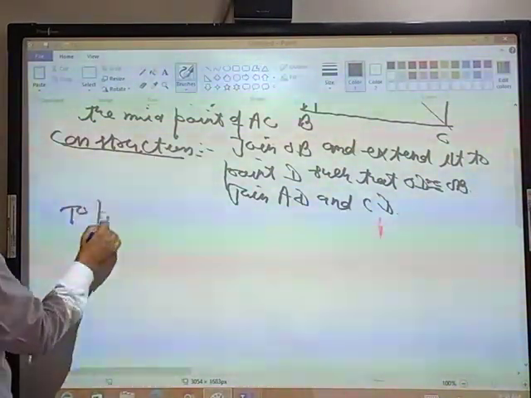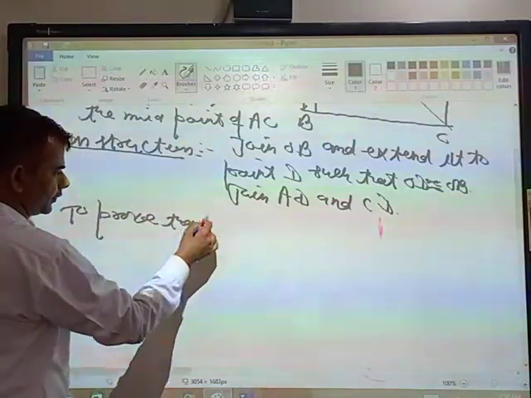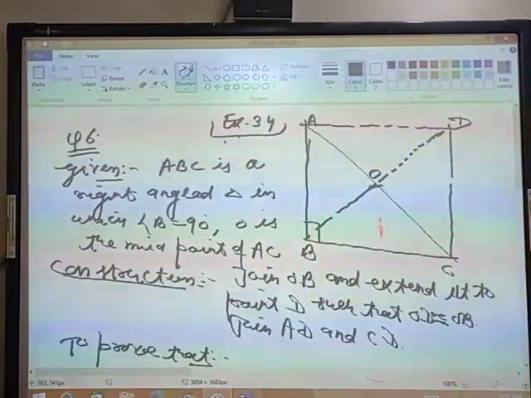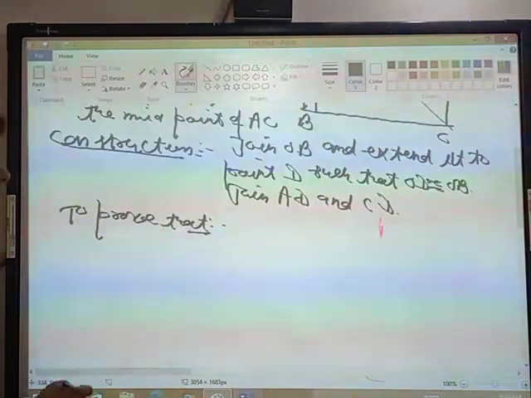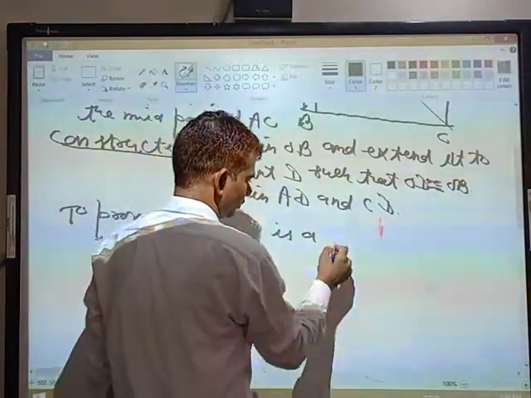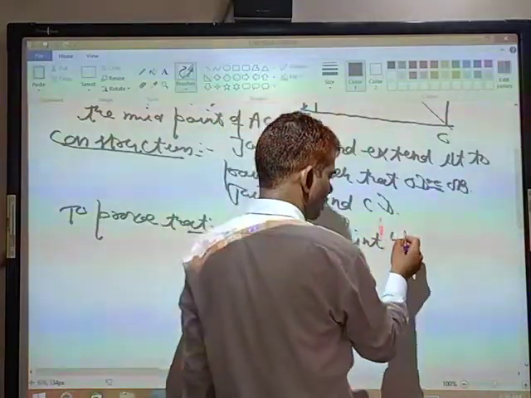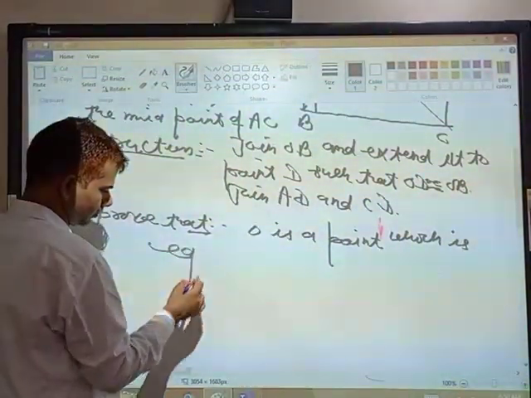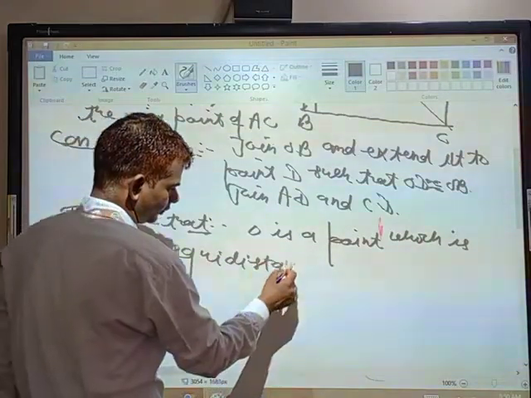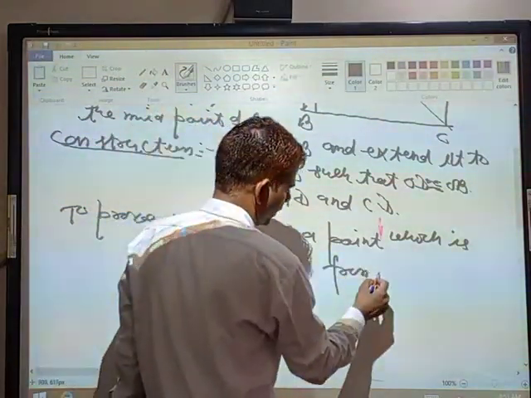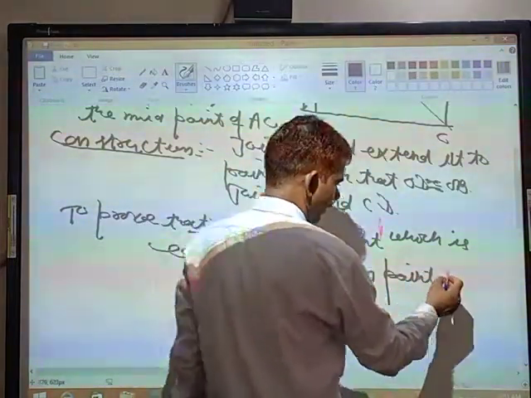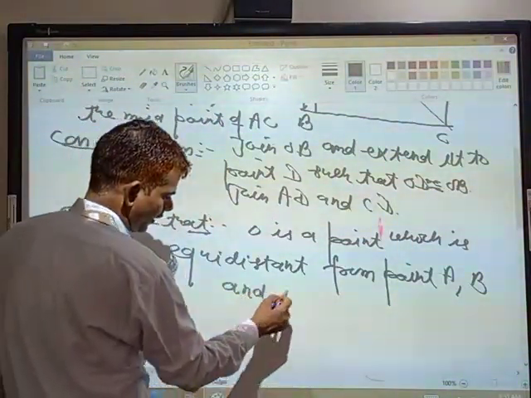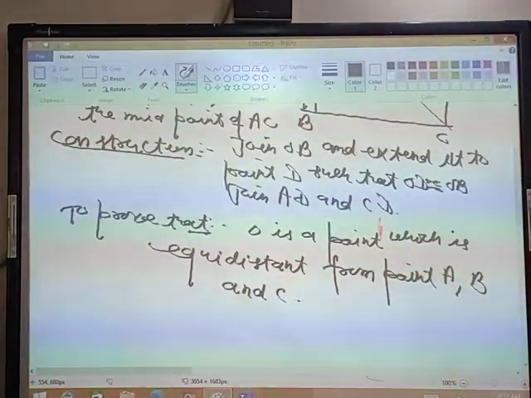To prove: O is a point which is equidistant from points A, B and C.